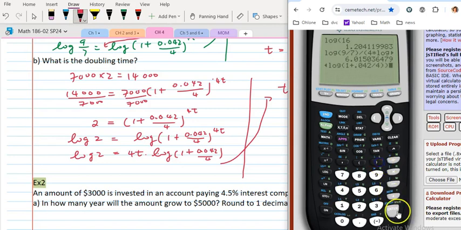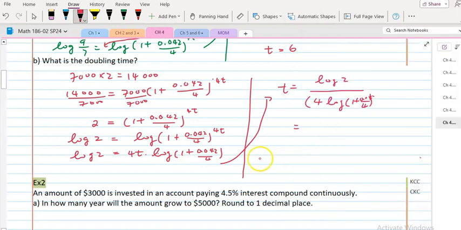Yes, close one more. 16.6 years. So in 16 years, it would be double.